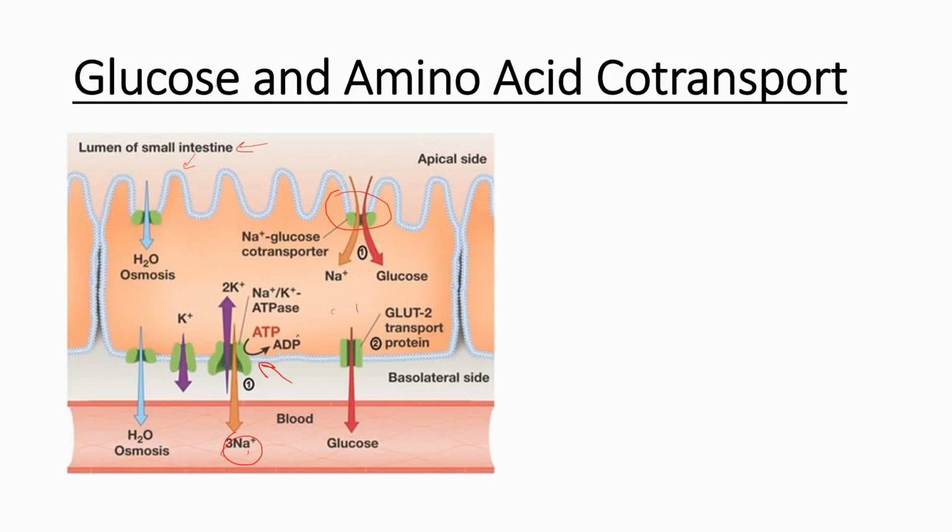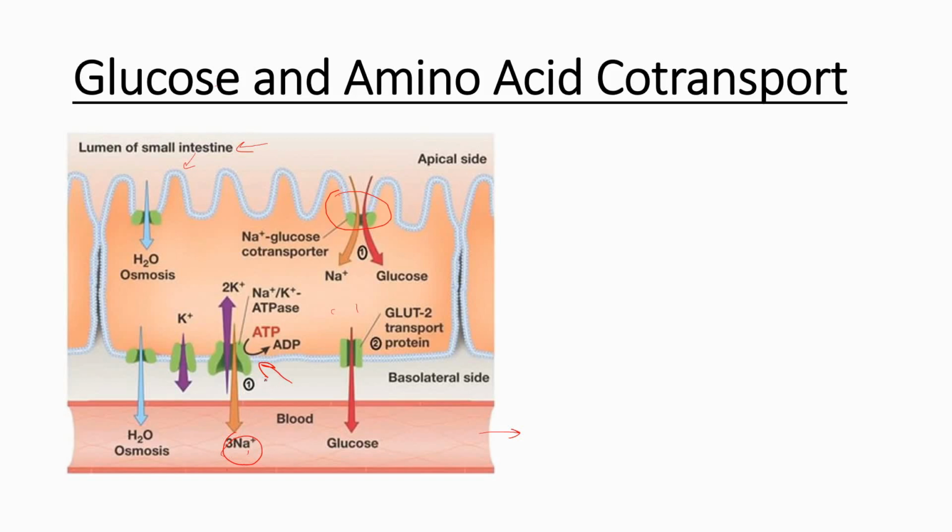It's worth noting that anything that leaves this cell and is going to the blood, into the capillary shown here, firstly will move into the tissue fluid, and then from the tissue fluid it will diffuse into the capillary. Now, it's important also to note that anything that is transported into the capillary will be transported away from the small intestine because the blood is flowing. So the sodium concentration in the capillary is kept low.